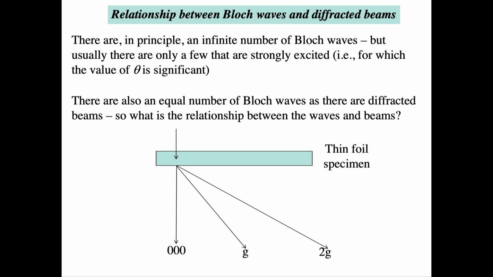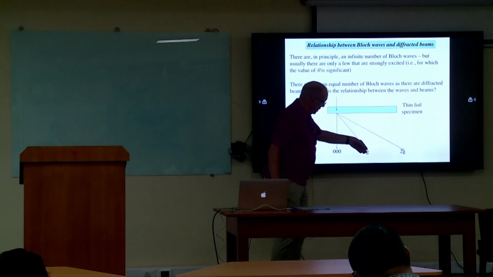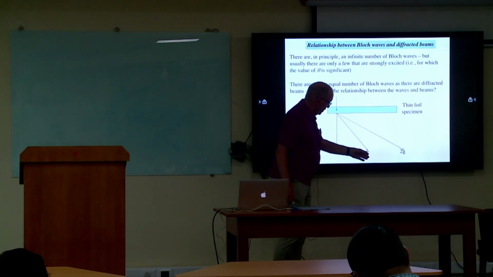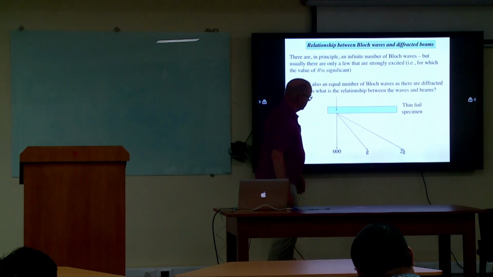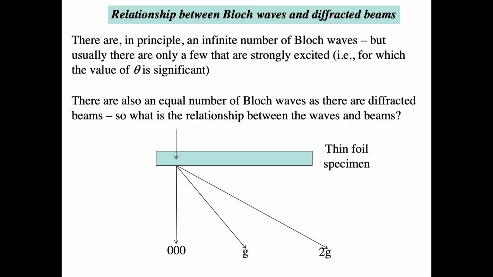But what is the relationship between them? So here's a thin foil, here's the incident beam, and here is a direct beam, diffracted beam, a second diffracted beam, and so on, right? So that we know that because we see that in the diffraction pattern, right? So that's not a problem. We don't see Bloch waves, right, with our naked eyes, so we're a bit skeptical, right?